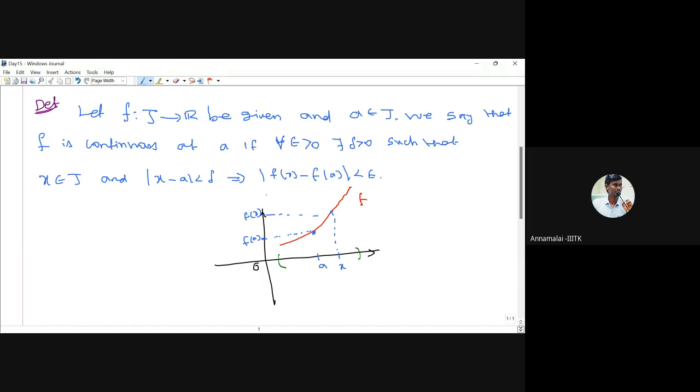So what we need is, given any epsilon, we can find a delta such that whenever modulus of x minus A is less than delta, then modulus of f of x minus f of A is less than epsilon.